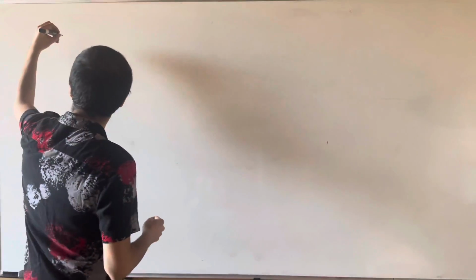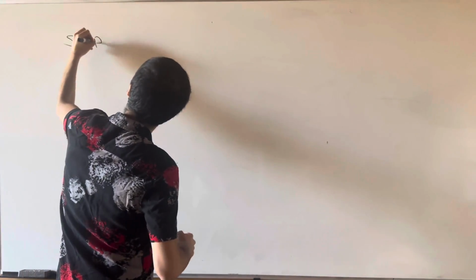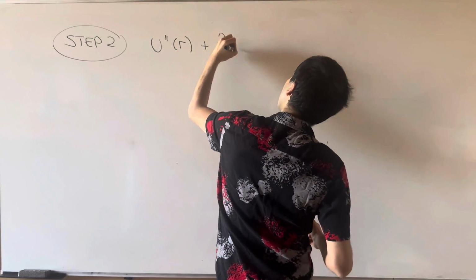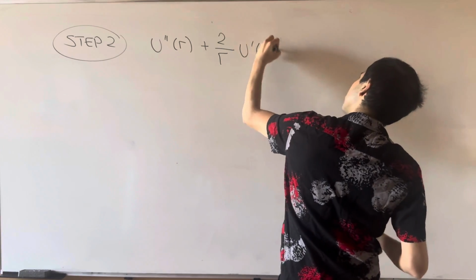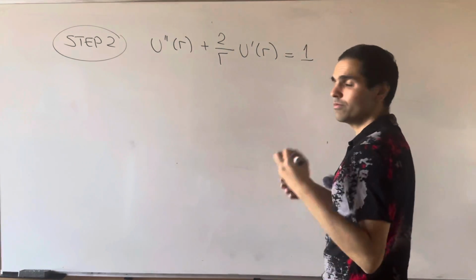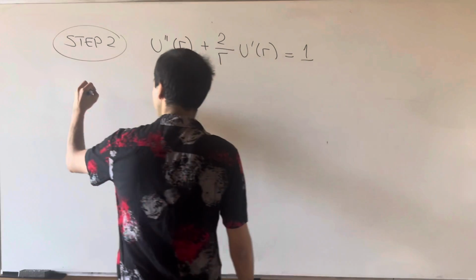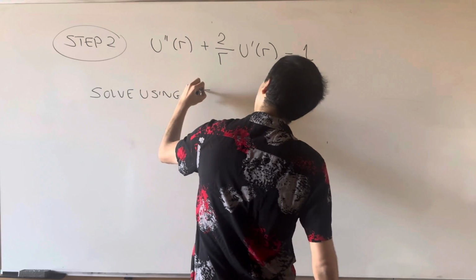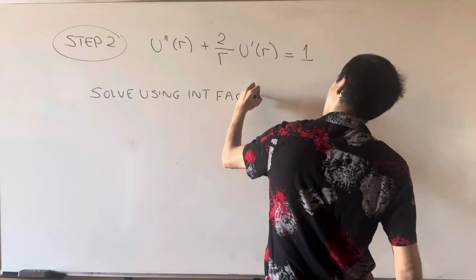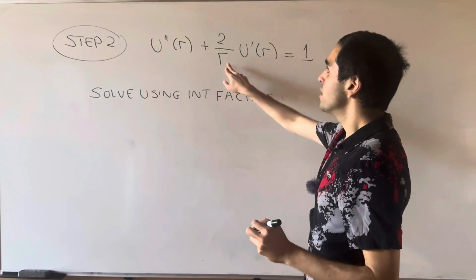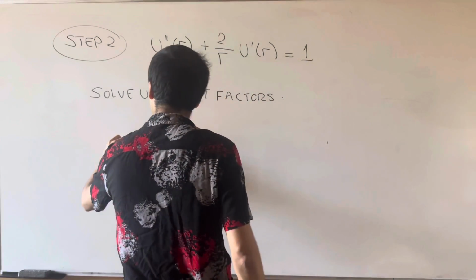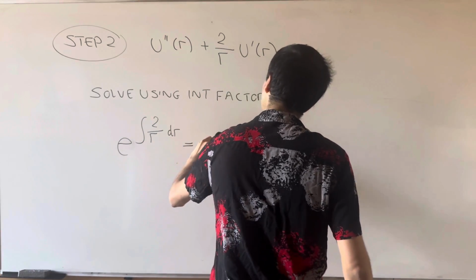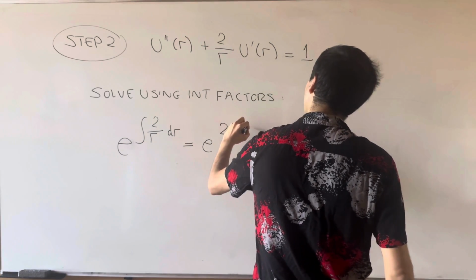So once again, what was our ODE? It was u double prime of r plus 2 over r u prime of r equals 1. And once again, solve using integrating factors. So in this case, e to the integral of 2 over r dr, that is e to the 2 times ln of r.